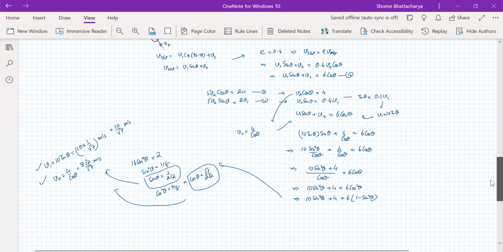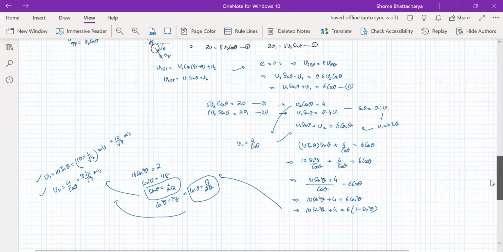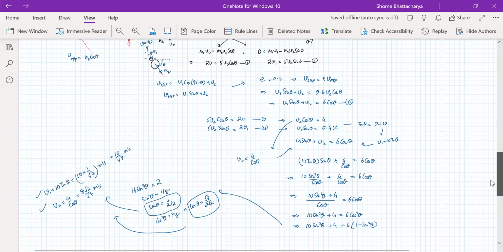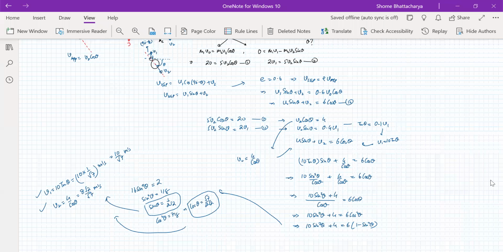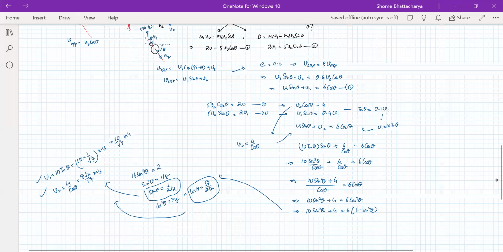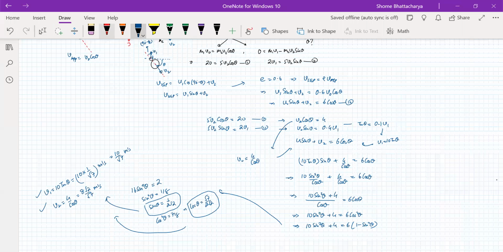Now you can always check the validity of these values which I have got by substituting in the original equations. So you can always verify these results by substituting in these equations that I had earlier. That is v2 cos theta is equal to 4 and v2 sin theta is equal to 0.4 v1.